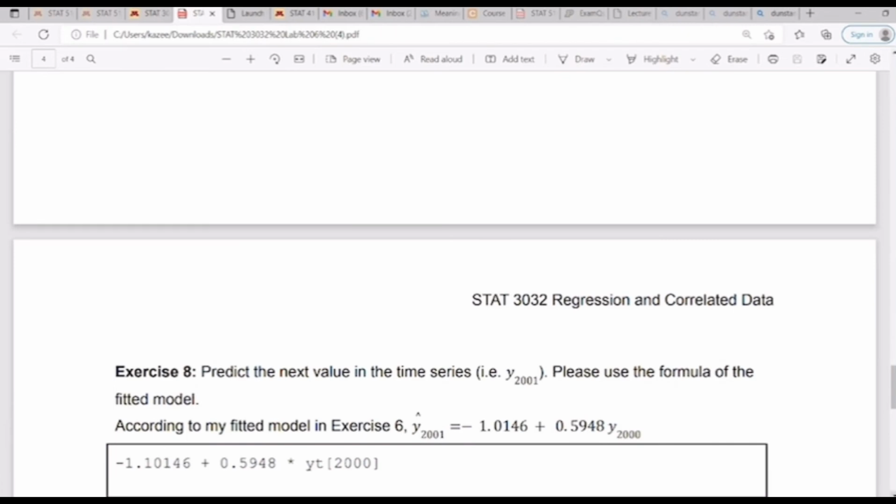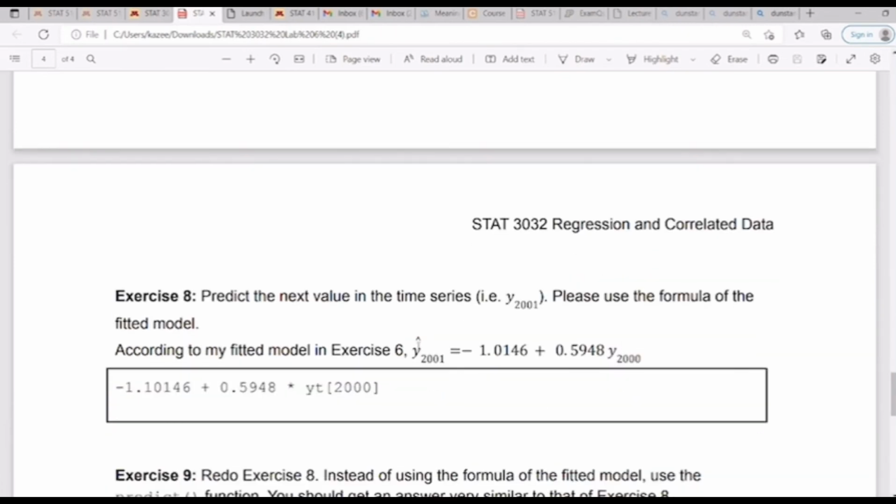So I can use this model now to predict what the value for observation 2001 is going to be. All I'm going to do is plug in the value for Y 2000, then I'll be able to make a prediction.